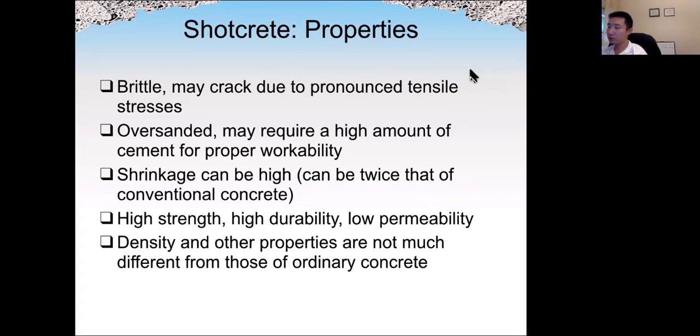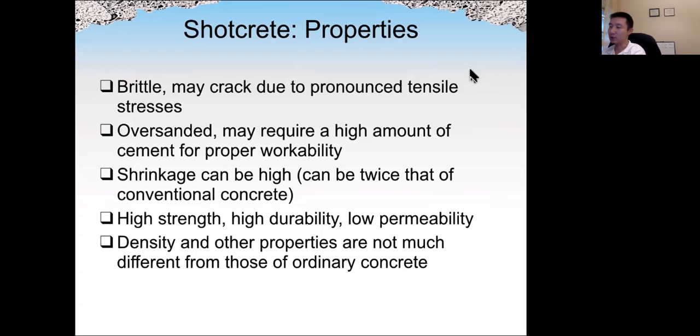Shotcrete is brittle and may crack due to higher tensile stress. This is due to the higher shrinkage value of shotcrete compared to normal concrete. Typically, the water cement ratio is lower. We use silica fume in shotcrete, which will increase the shrinkage.